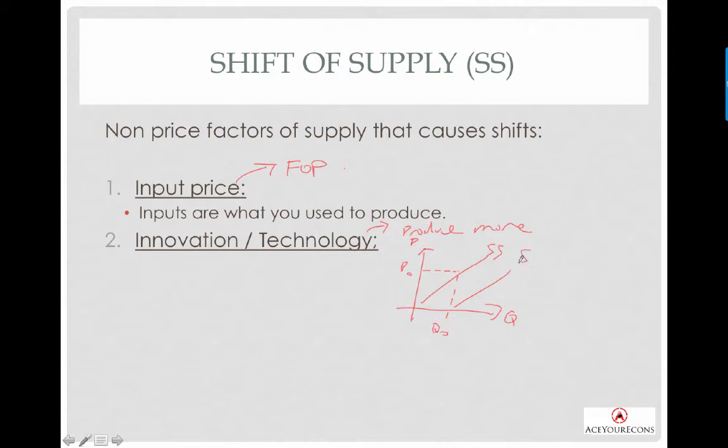It tells you that you are able to produce more at the same price. Let's say you discover a groundbreaking technology to produce more iPhones. You need less labor, you can use a simpler and more efficient way to produce more iPhones at the same price. And this is an outward shift in your supply curve.